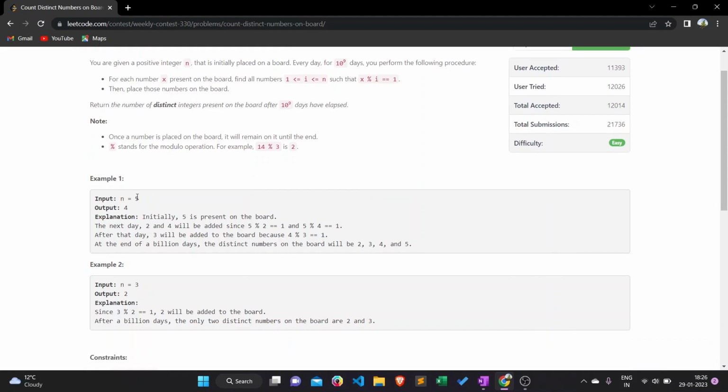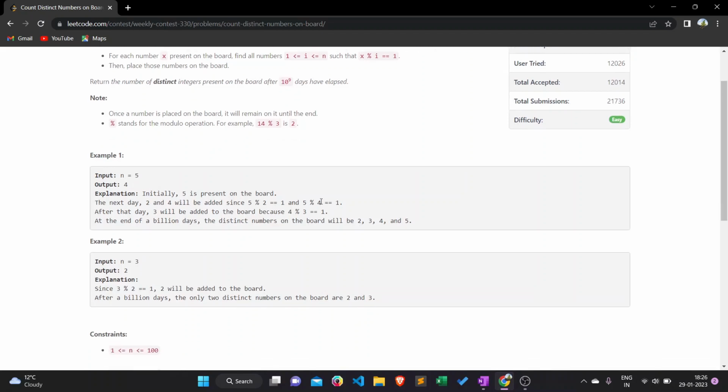For example, you start with n equal to 5. Initially 5 is present on the board. Now you check 1 to 5. There are two numbers, 2 and 4, which when dividing 5 give remainder 1. So you place 2 and 4 on the board. For 2, there is no number whose division gives remainder 1.